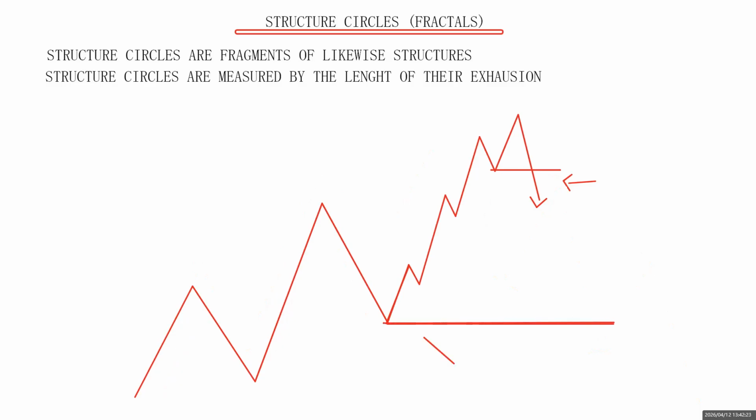Okay, I have no business within this big structure. Why? Because the rules of structure circle state that a change of character of a small structure cannot affect the big structure. Let me go ahead and write rule 1 of trading structure circles. Rule 1: a change of character of a small structure cannot affect a big structure.